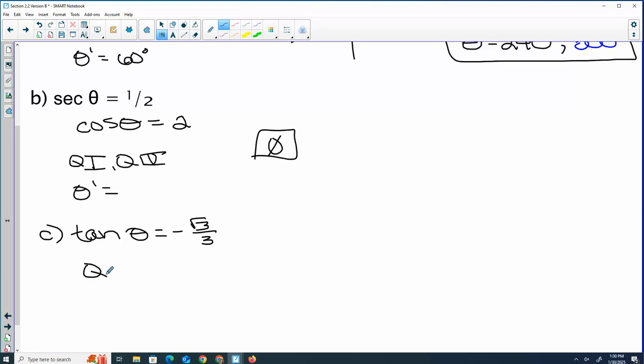When is tangent negative? 2 and 4. Tangent radical 3 over 3. Think about your hand trick. Tangent of 0 is 0. Tangent of 30, radical 1 over radical 3, is radical 3 over 3. So that's 30 degrees.